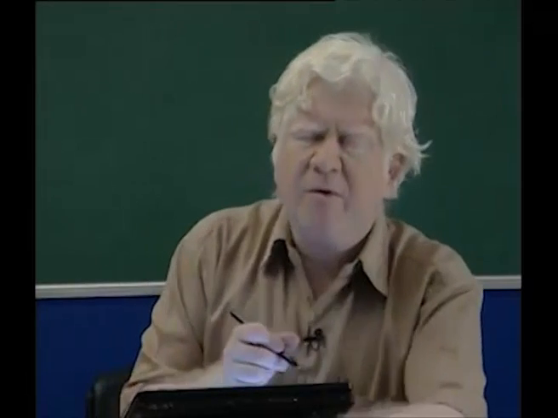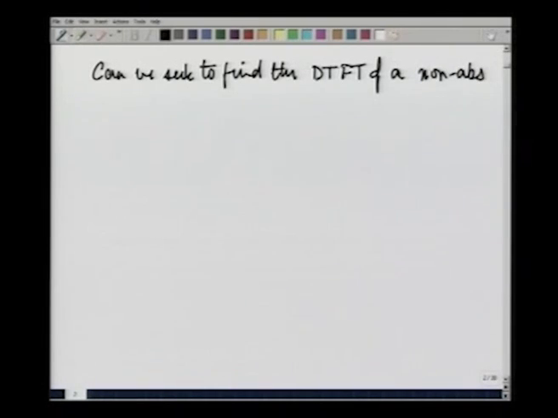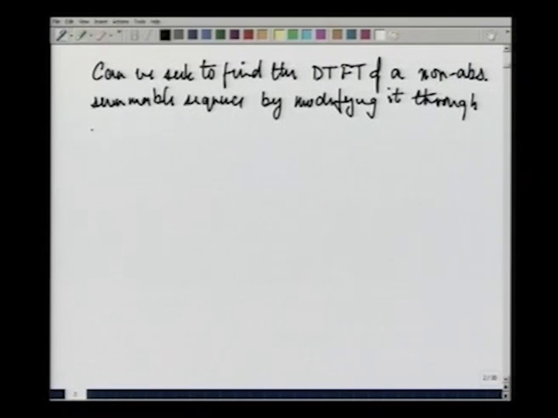Basically, we ask the question, can we seek to find the DTFT of a non absolutely summable sequence by modifying it through multiplication with a real discrete exponential?